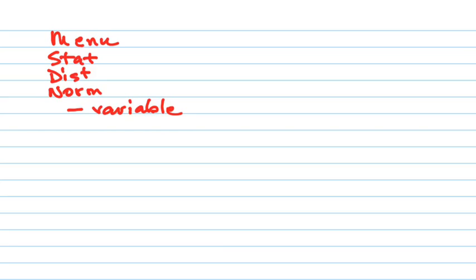Because when the calculator's reset, we'll reset it for this test, right? And it'll be reset when you take the actual external. So when that happens, it's going to change it back to list, and you need to change it back to variable. Okay? And you're going to choose inverse normal.